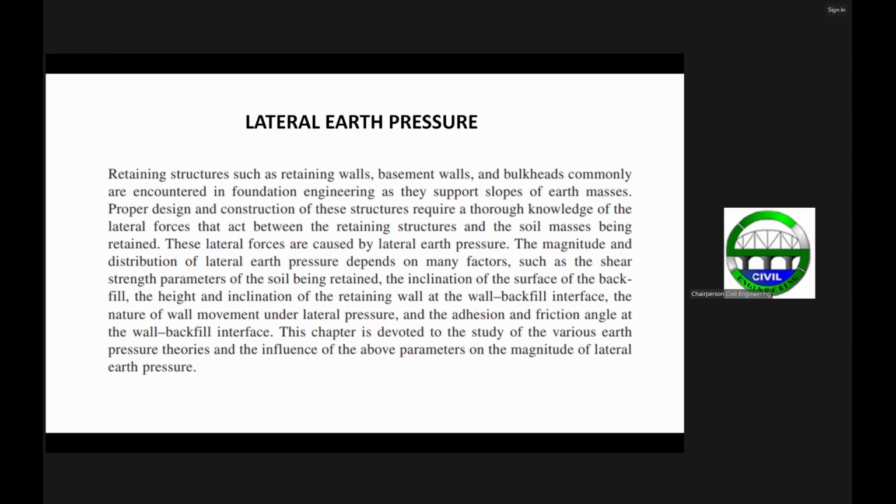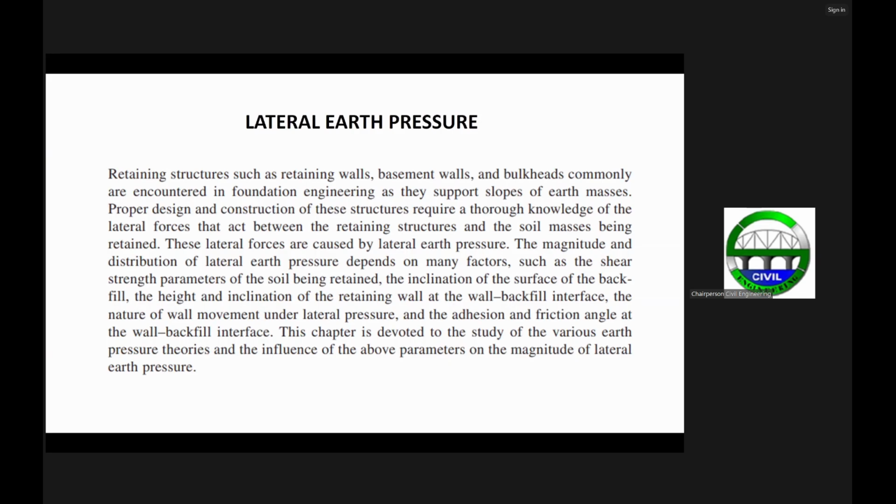In the undergrad, normally we are taught the design of concrete retaining walls. Before you can design the concrete retaining wall, first we need to know the forces acting behind the retaining wall.